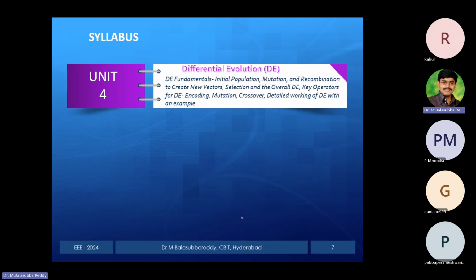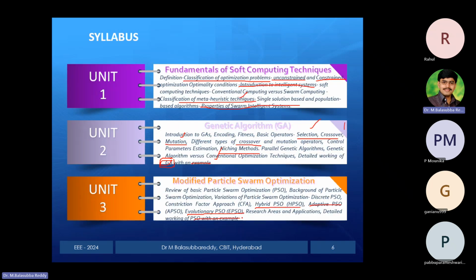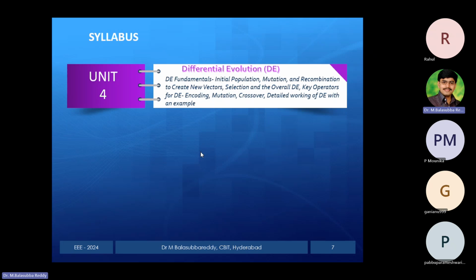And here, differential evolution fundamentals and initial population, mutation, recombination. Whereas in the second unit, the genetic algorithm, you can notice selection, crossover, mutation. So here you can see population, then mutation, and recombination to create new vectors.